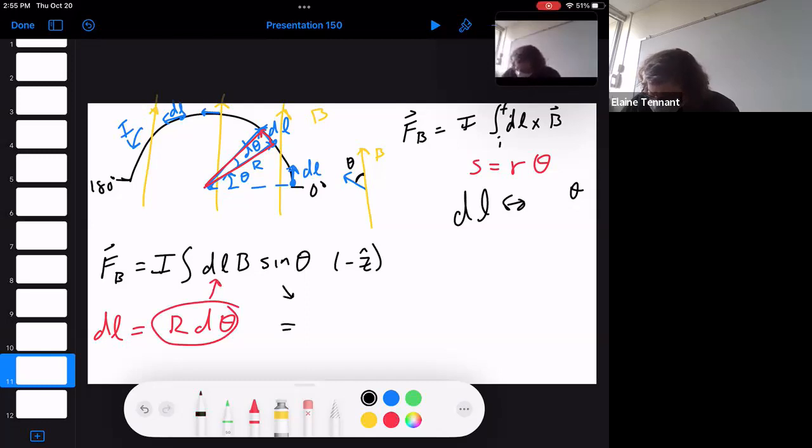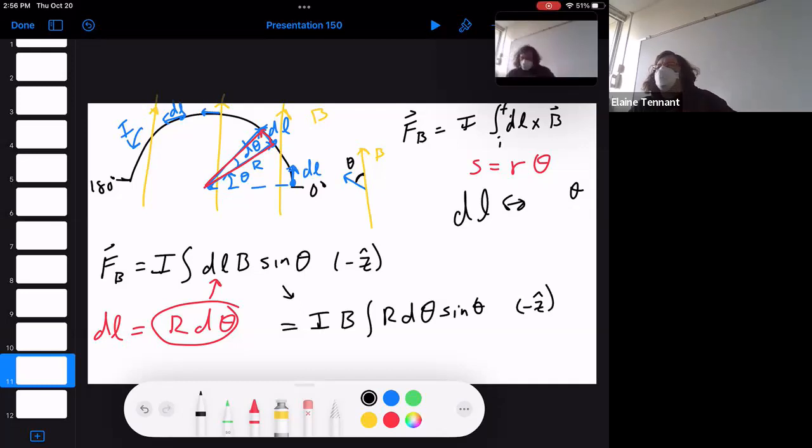So our force, now I have I. This magnetic field, is it a constant or a variable? It's a constant, so I'll just move it outside. I have R d theta, sine theta. This is all in the negative z direction. How about that R? Is that a constant or a variable?